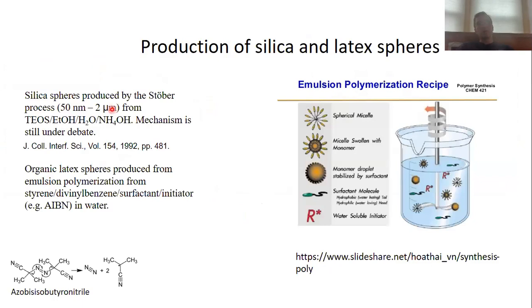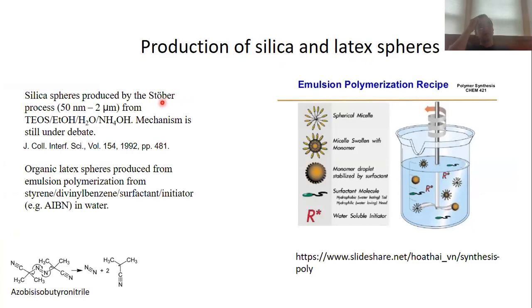Okay, so how do you actually produce such silica or latex spheres? Silica spheres you can produce by a process called the Stöber process, developed by Stöber in the 1960s.